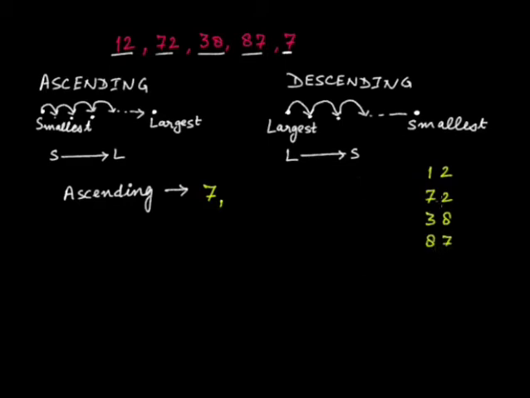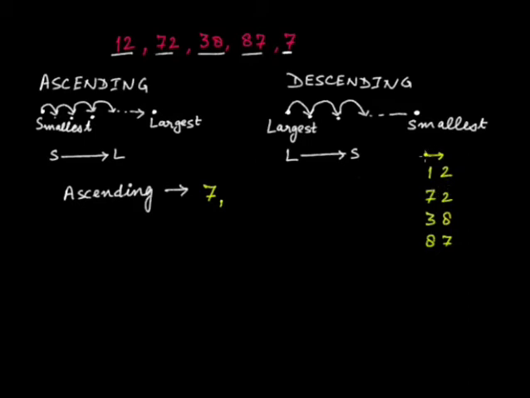We'll move from the extreme left towards the extreme right and compare the digits at the given place. That is, we'll compare the digits present at the tens place, and then we'll compare the digits present at the ones place if required.